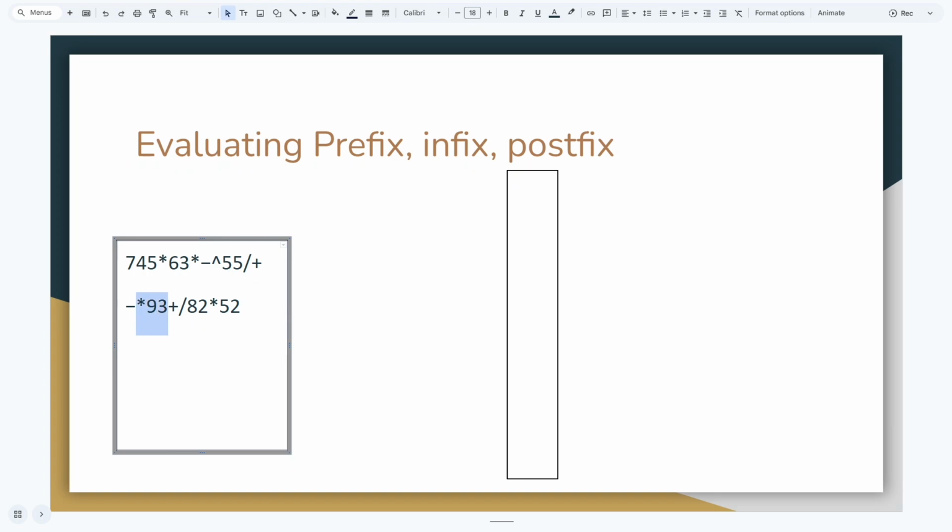Since multiply and divide are the highest precedence operators in this equation, we just go from left to right. First we write the subtraction symbol, and then we put it in brackets, 9 times 3, since we know easily how to convert small equations like that.